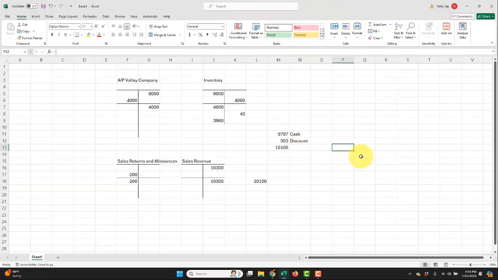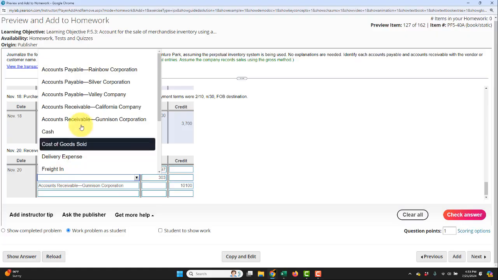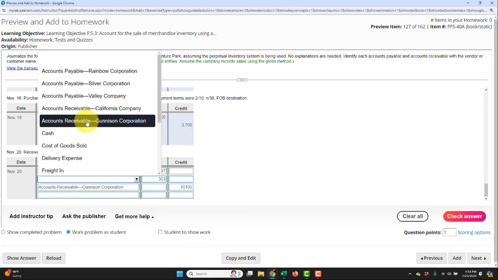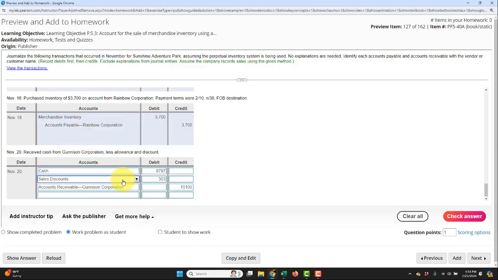Okay, so first let's put in this cash, 9,797. And then this discount of 303, we know it's going to be a debit, because to get our credits and debits to equal each other, we're going to have this as a debit. And then what account should we use? There is actually a special account for sales discounts. So we're going to account for that.